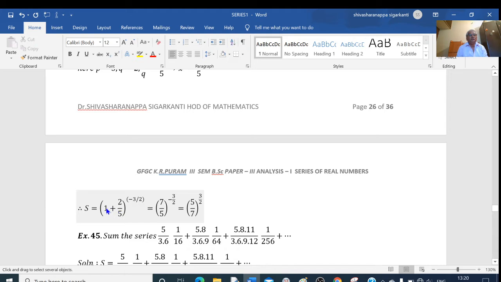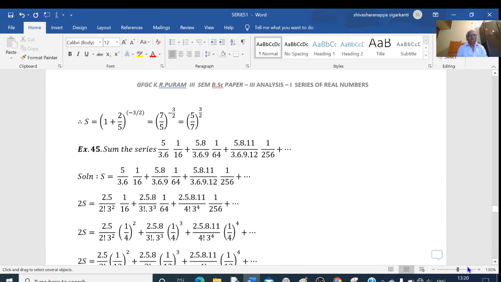So 5 plus 2 is 7 by 5 to the power of minus 3 by 2. Or if I write its reciprocal, then we can write this as 5 by 7 to the power of plus 3 by 2. So this is the sum of the series. Next example.